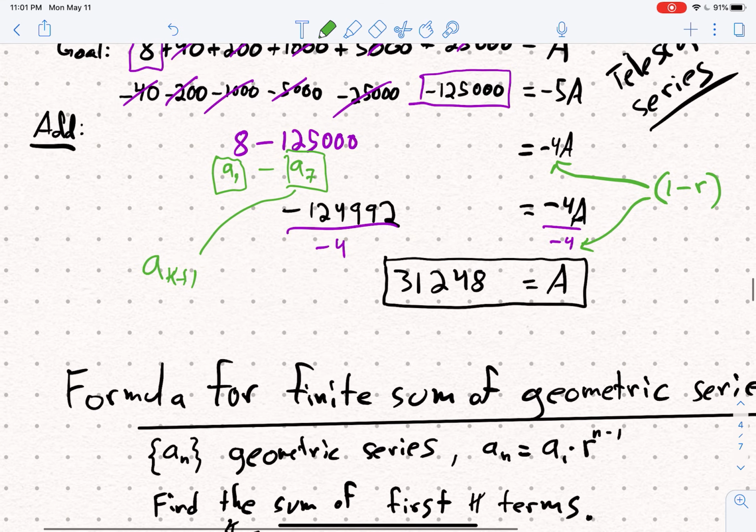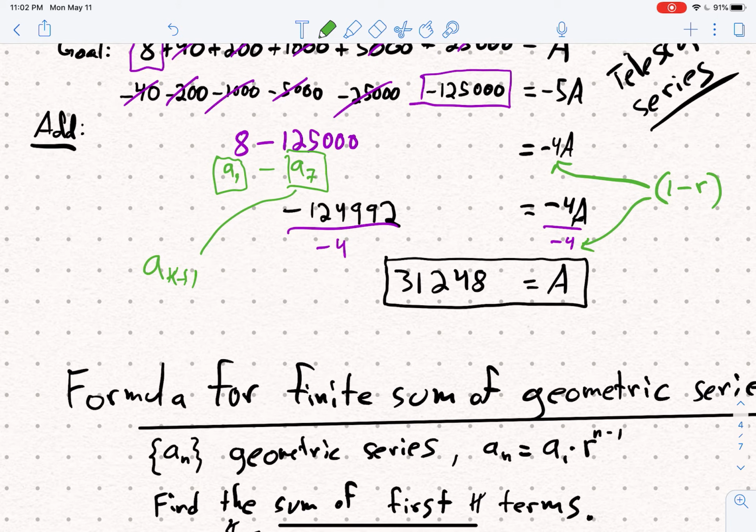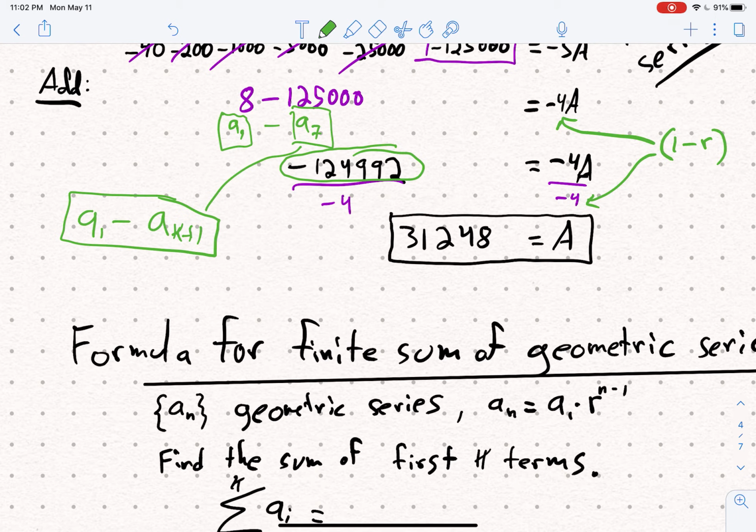Okay, so this number, -124,992, came from doing the following: a1 minus a(k+1), and then we divided that by the number -4 we dealt with before.